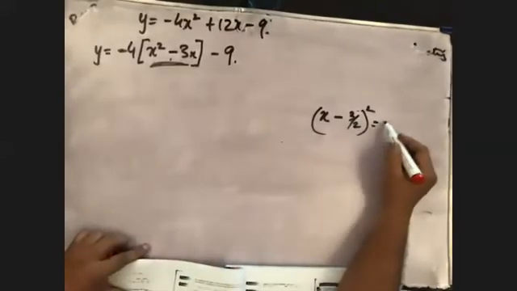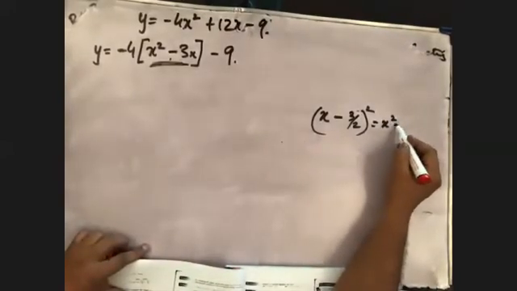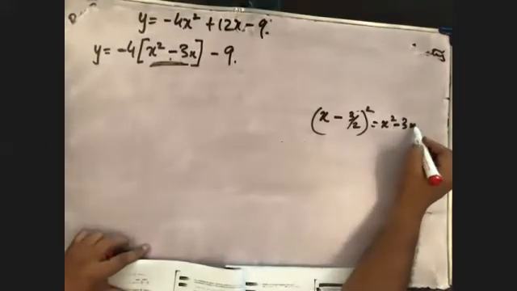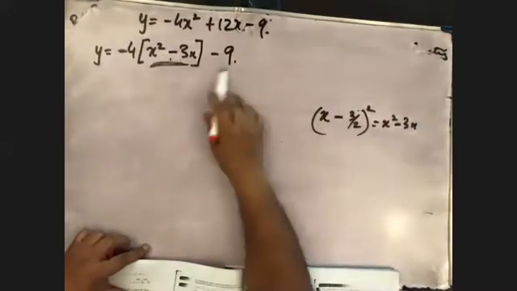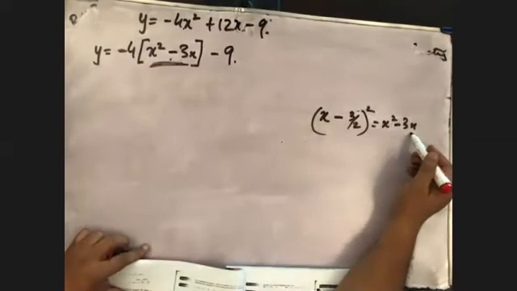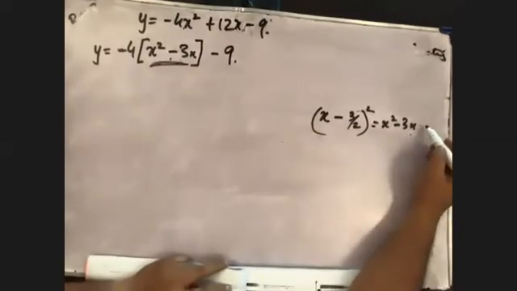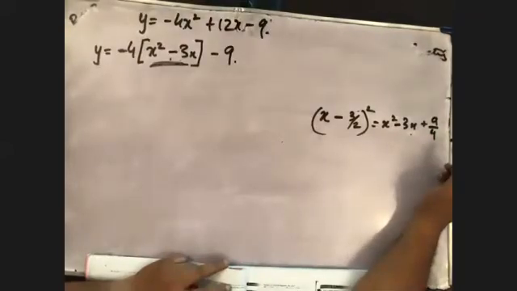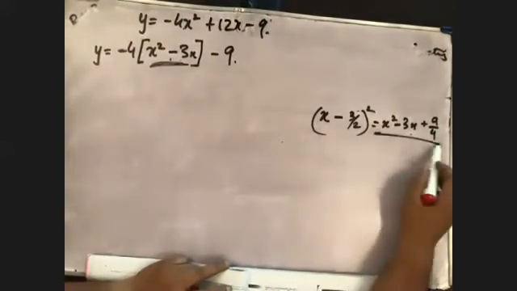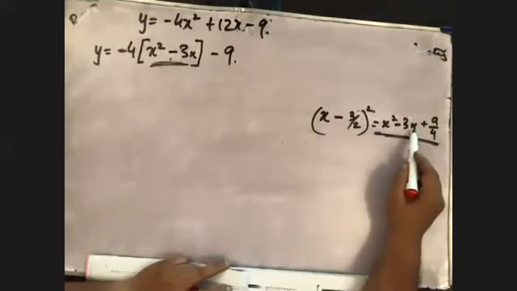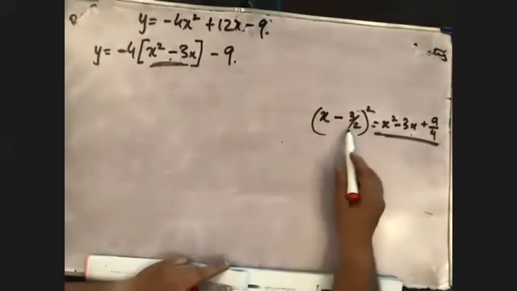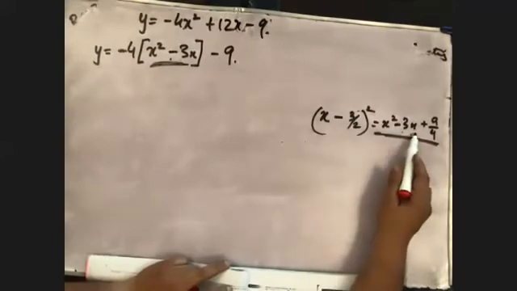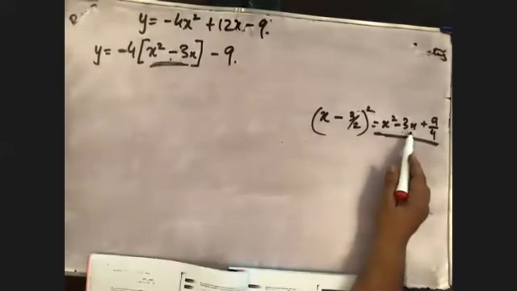When I do the expansion, I get x squared minus 3x plus 9 over 4. 3 over 2 x minus 3 over 2 x is minus 3x.